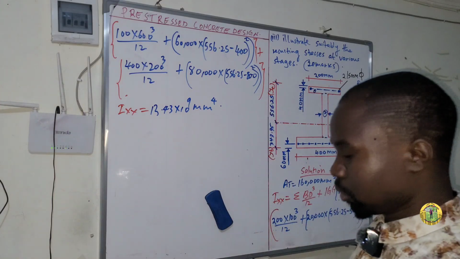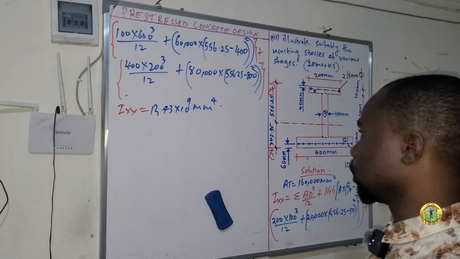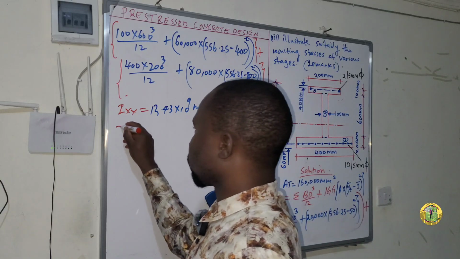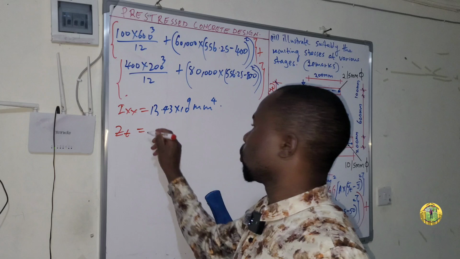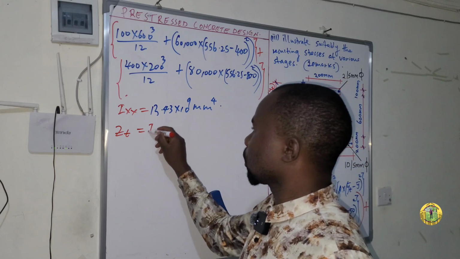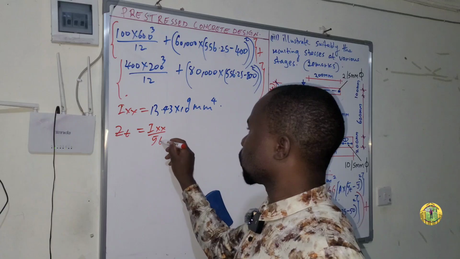After that, we now proceed to section modulus, which is Z. So we have the Z top and Z bottom. So Z top will be Ixx over y bar top.